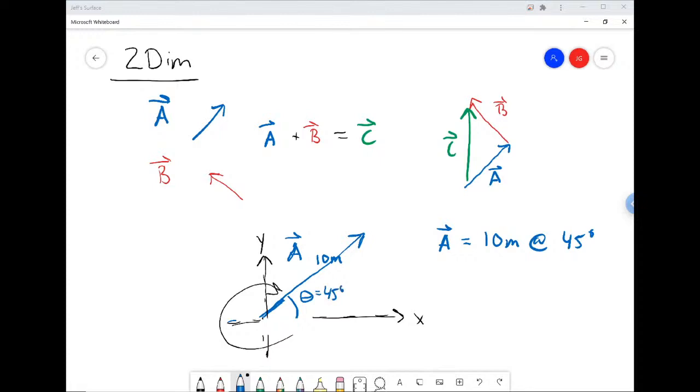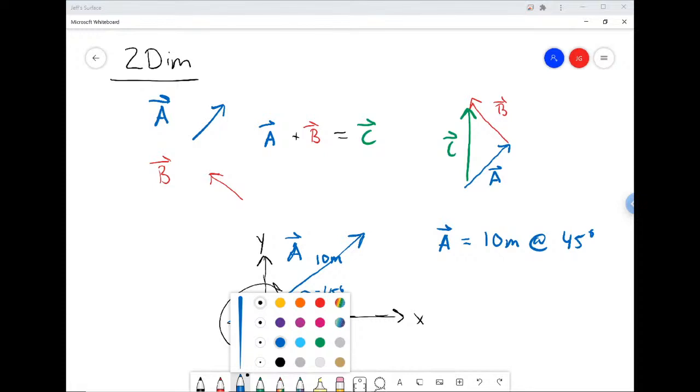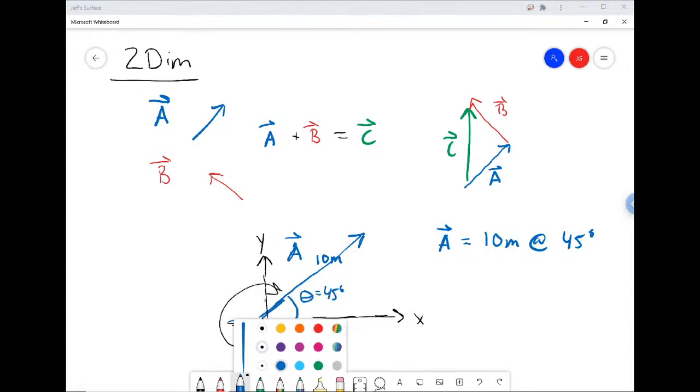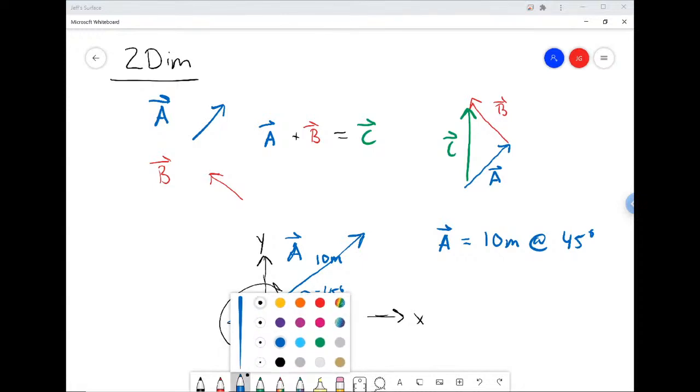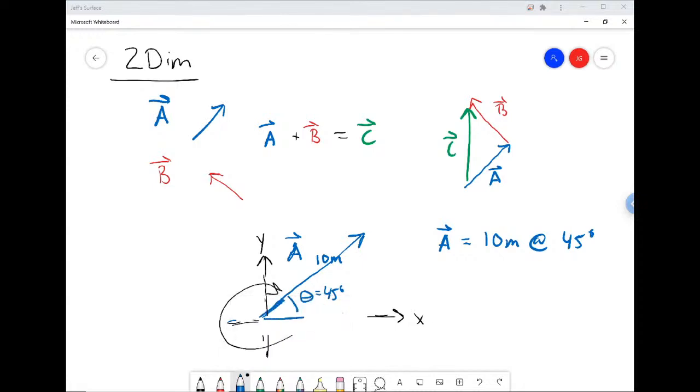I'm going to make a little space here. So another way I could think about A is the sum of a vector that points in that direction and a vector that points in this direction.